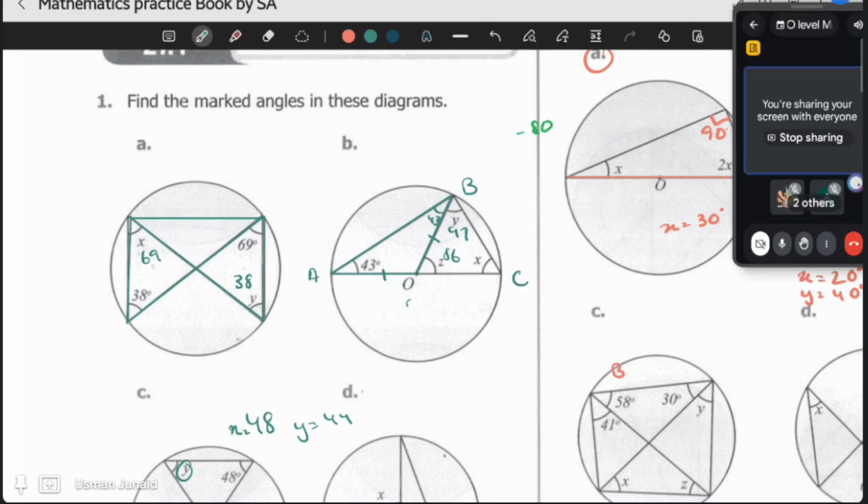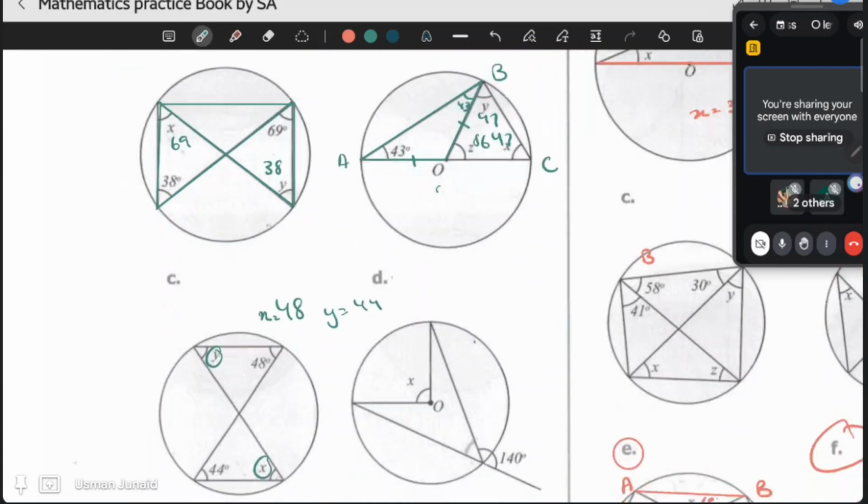Right. So you got 86. And X is also 47. Okay.